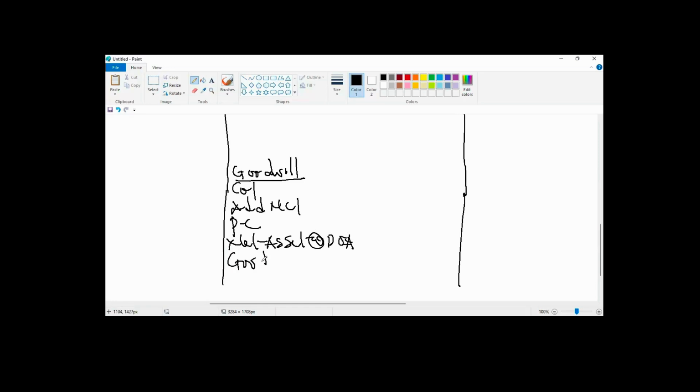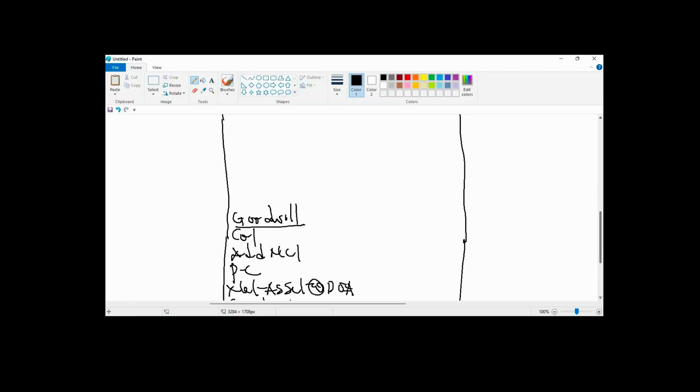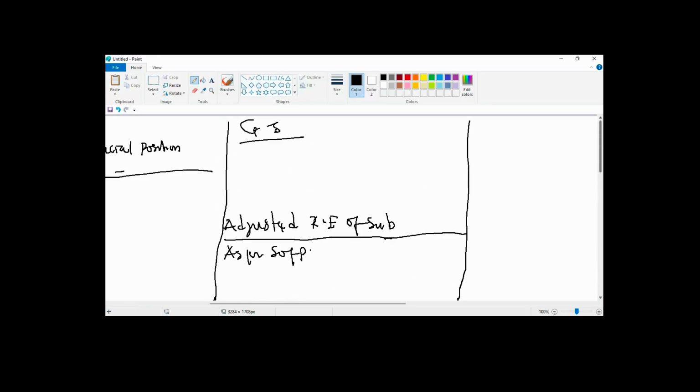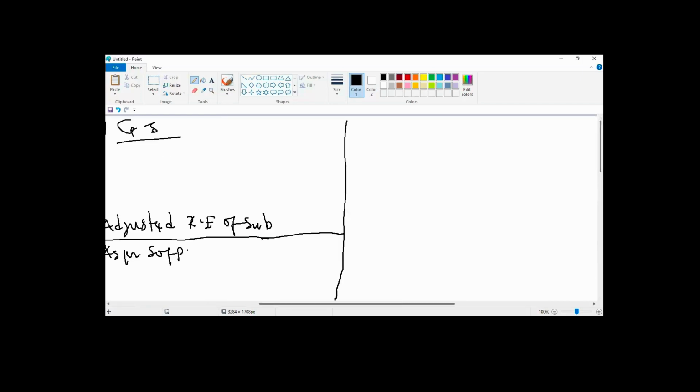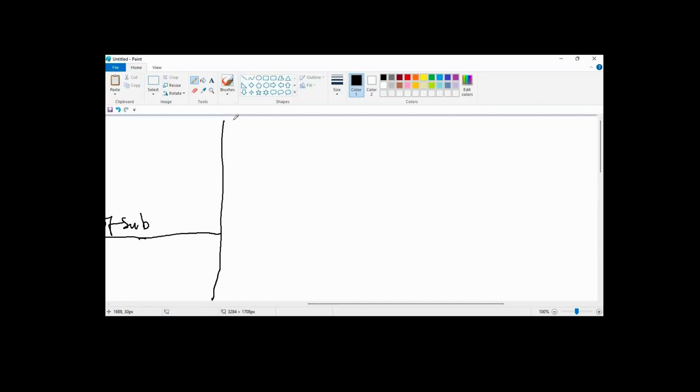Goodwill. Any retained earnings of the parents? Retained earnings of parents as per SOFP.